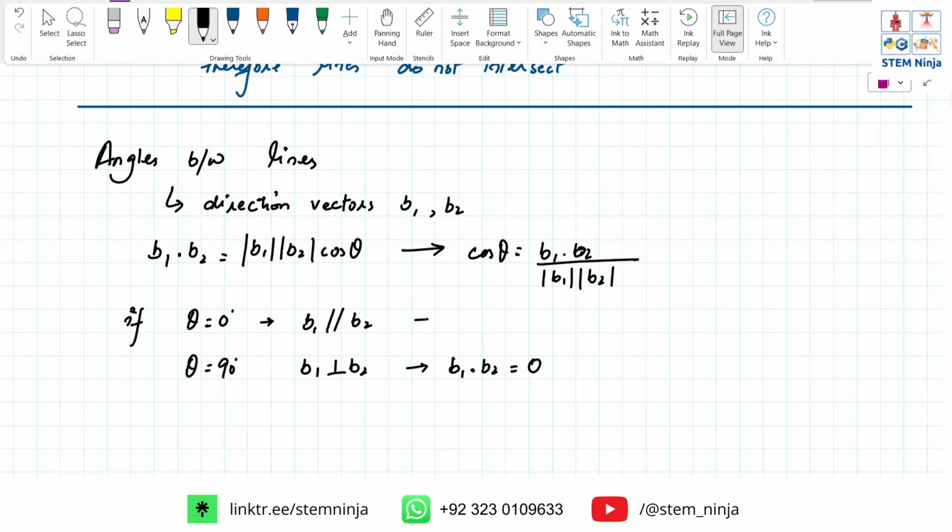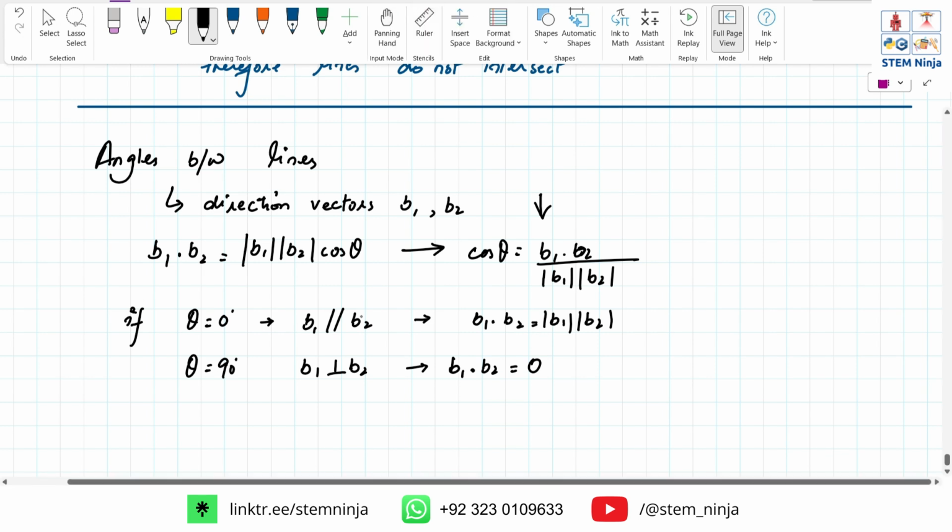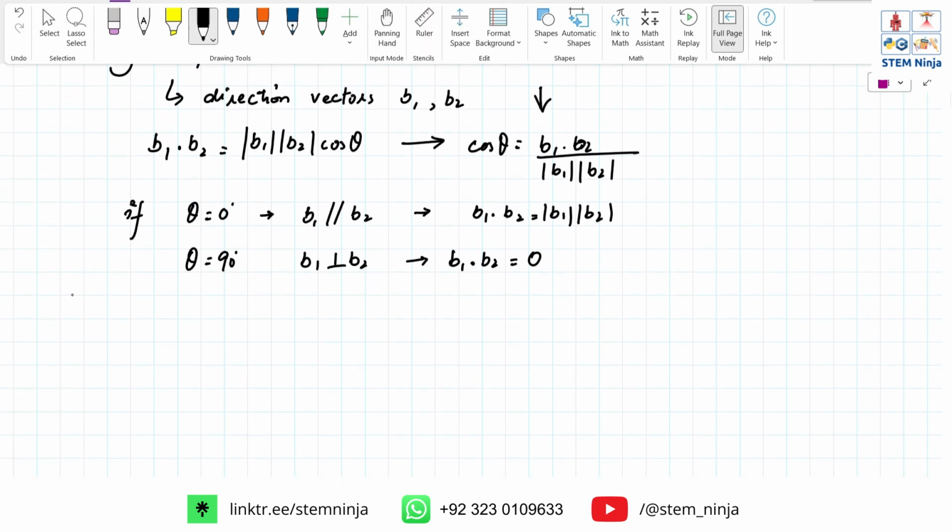And if they are parallel, B1 dot B2 would be equal to the product of the magnitudes. Any other intermediate angle between them can be found by this formula. So let's see an example.